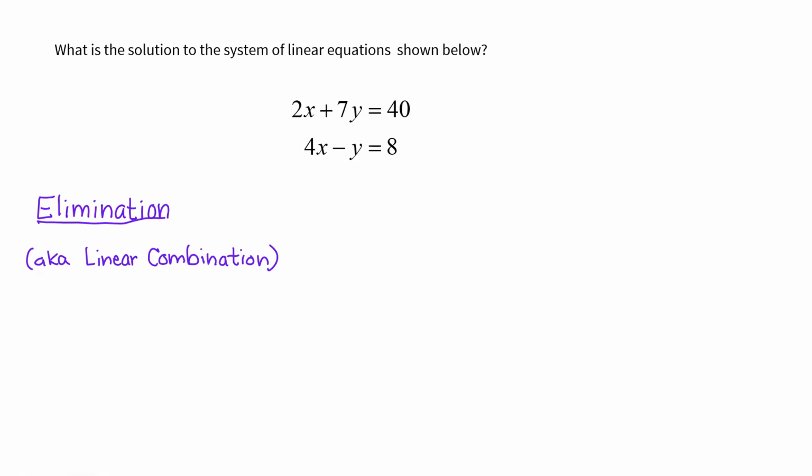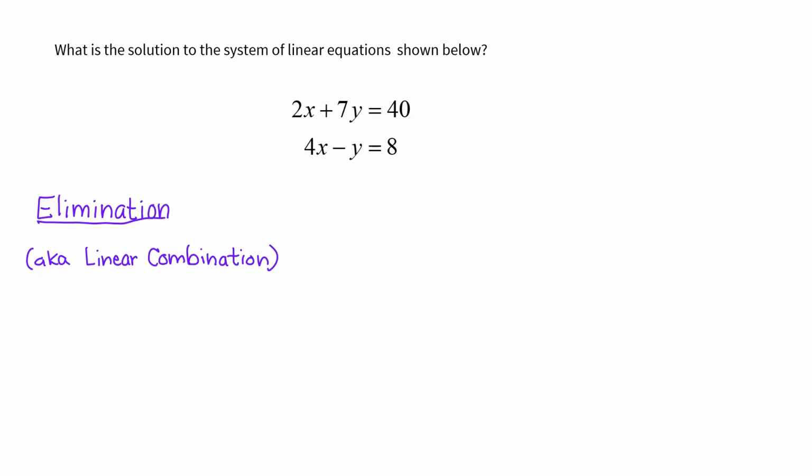In the process of doing that, one of the two variables should cancel. In order to set that up, you want to get the same number in front of a variable but with opposite signs. Oftentimes you get to choose which one you want to do. You could choose to eliminate the x's or the y's, and sometimes that choice will affect how much work you have to do.